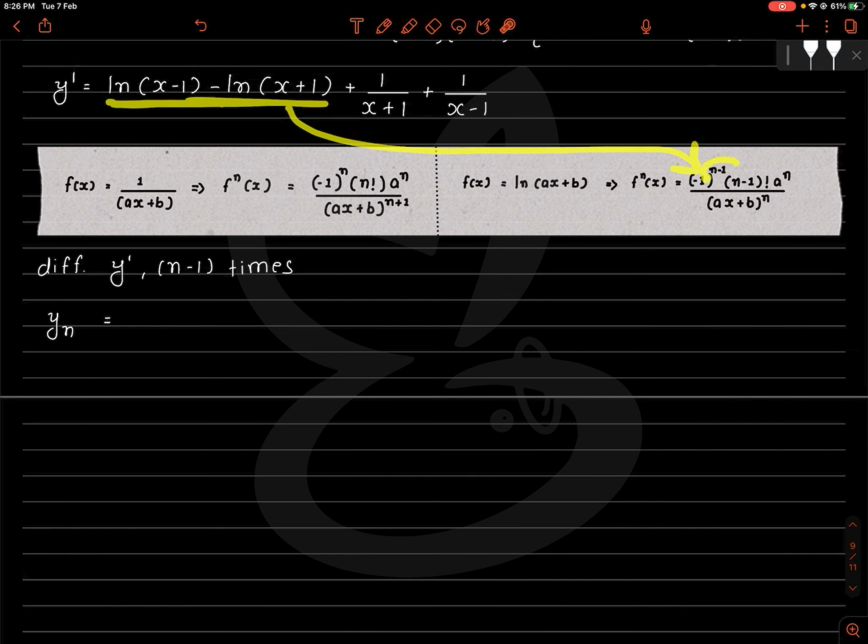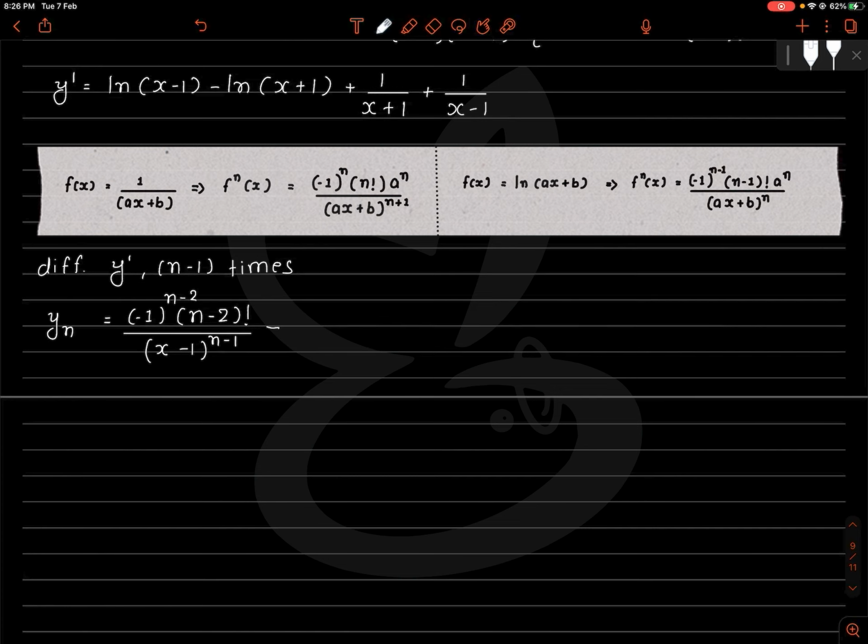We will replace n with n minus 1 because we are differentiating n minus 1 times only. So we will get (minus 1) raised to n minus 2 into (n minus 2) factorial upon, here you can see a is 1, so we don't have to write it, and the function itself, it is (x minus 1) raised to n minus 1.